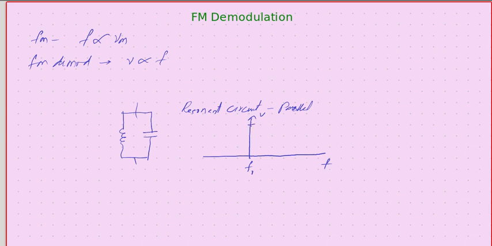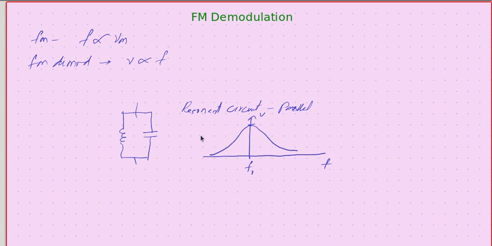As we move away from the resonant frequency, the voltage across it keeps reducing, or in other terms, the impedance of this circuit will be maximum at the resonant frequency, and as the frequency deviates from the resonant frequency, the impedance keeps changing as per this bell-shaped curve.